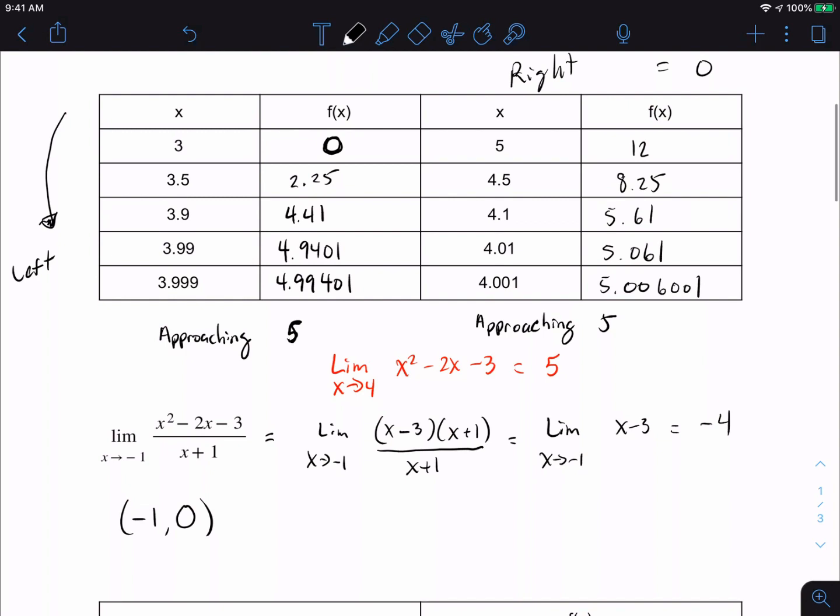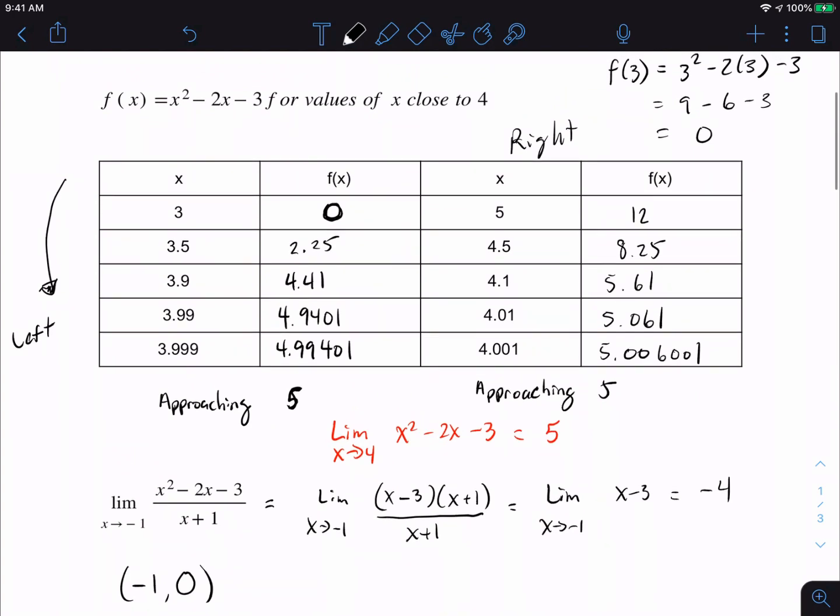I'm going to help you out so you guys can see it. It's this function. But if I plug in -1, what do I get? -1 squared is 1. -2 times -1? 1 plus 2? 3. Minus 3? Oh, 0.